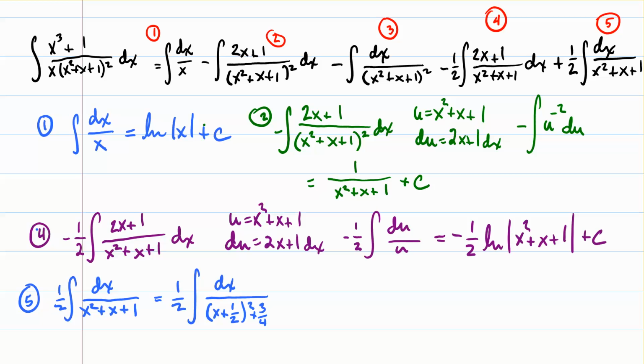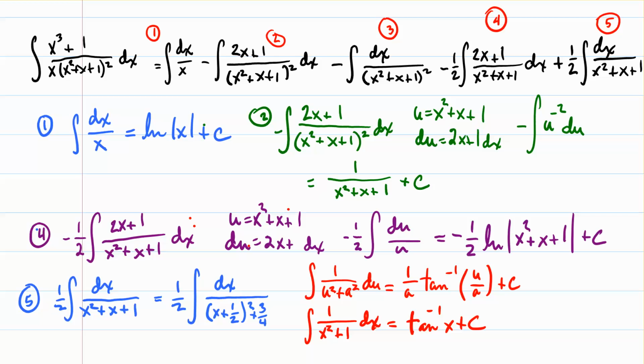So I'm going to suggest that you use a formula, and that formula is that the integral of 1 over u squared plus a squared du is equal to 1 over a inverse tangent of u over a plus c. Now that's a cousin of the basic variety of the inverse tangent, which looks like that.